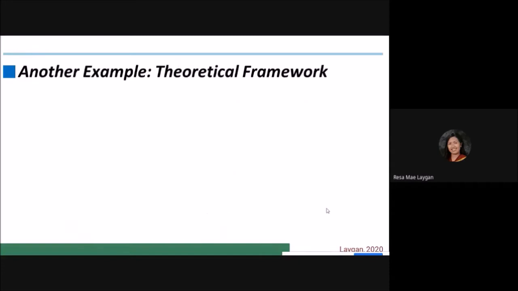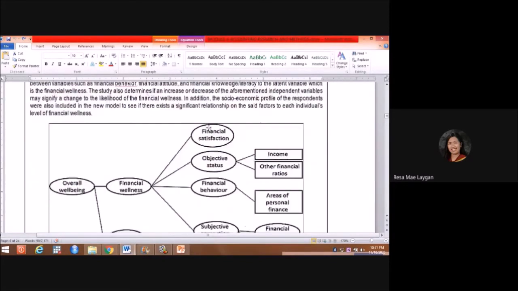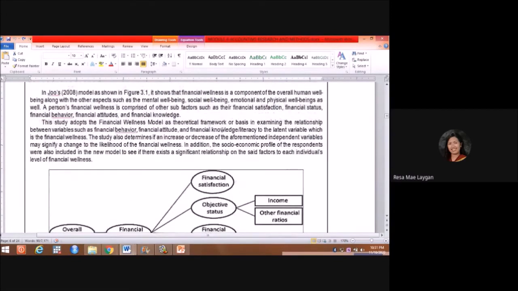So let's have another example. I have here a sample of another theoretical framework. This study is about the effect of financial attitude, behavior, and financial literacy on financial wellness. This study adopted the model developed by Joo, 2008.